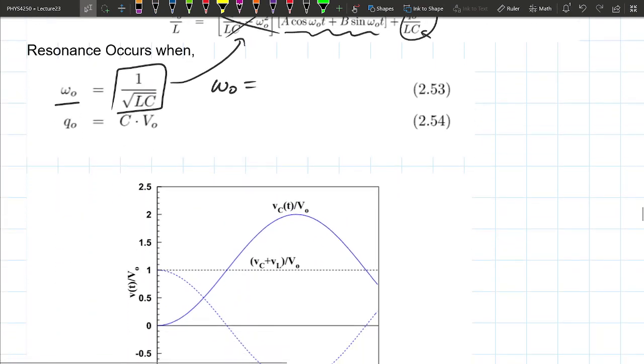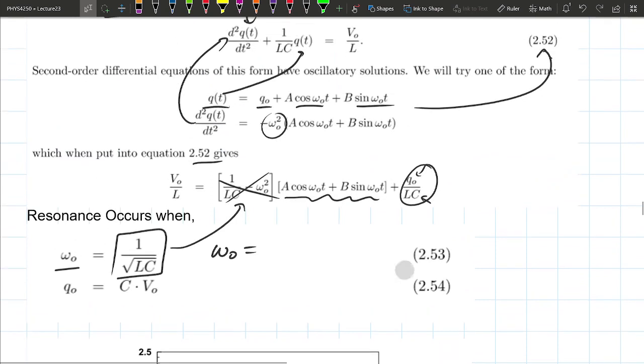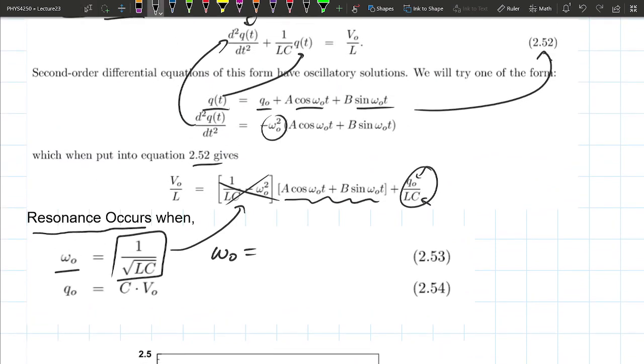Anyway, this critically damped system is where, if you drive the signal at omega naught, if your input frequency is exactly the same as omega naught, then you're going to develop a resonance. So basically the signal gets bigger and bigger until whatever energy is lost is equal to the amount of energy that's being dissipated. Technically, in an ideal circuit, you can actually have infinite voltage driving stuff like this.